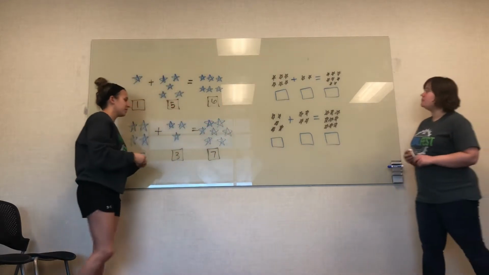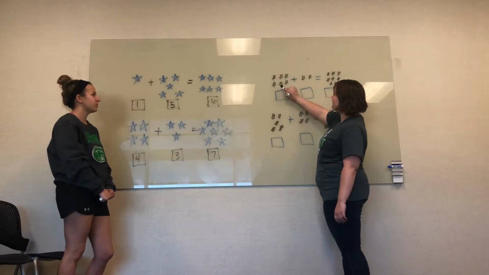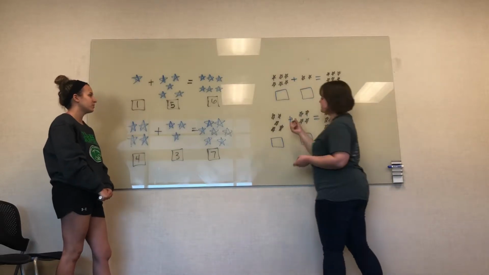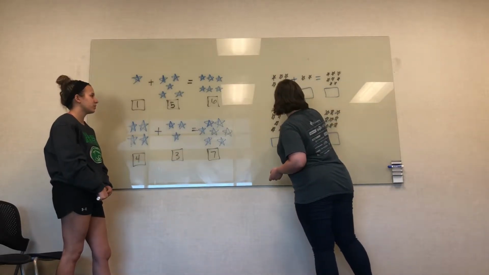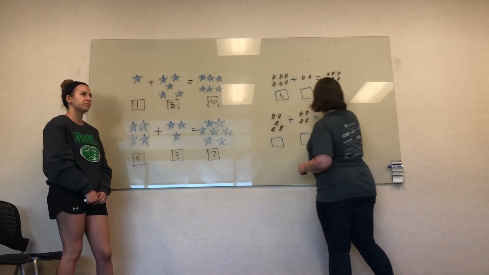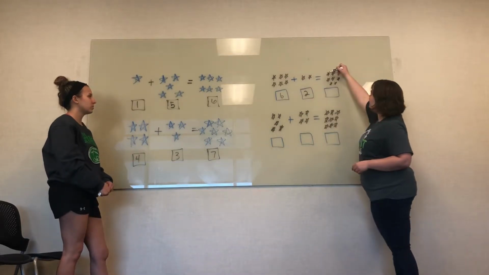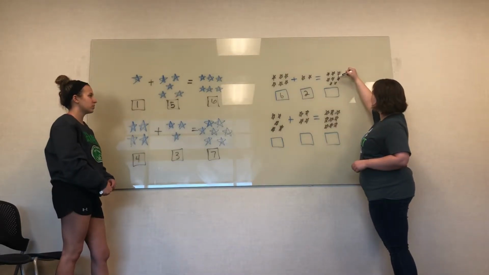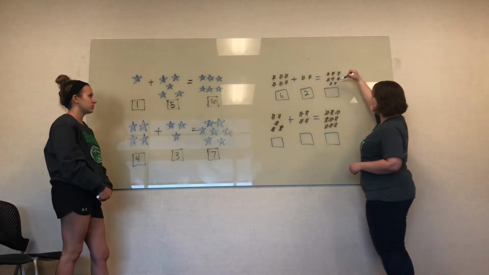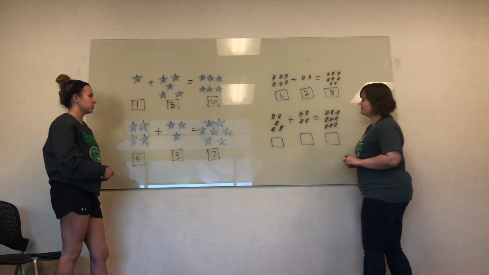In this problem, we have 1, 2, 3, 4, 5, 6 stars, so we'll put a 6 in the box. Plus 1, 2 stars. And so when we count these together, 1, 2, 3, 4, 5, 6, 7, 8, we'll know that 6 plus 2 is equal to 8.